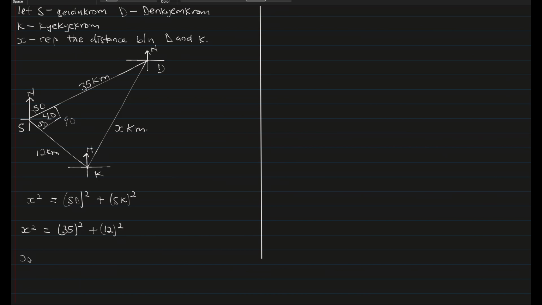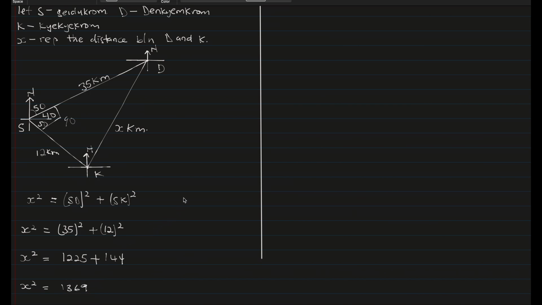Now let's continue. X squared is equal to, when you square 35, you are going to get 1225, plus 12 squared gives us 144. So now adding them, we have X squared is equal to 1369. Right.